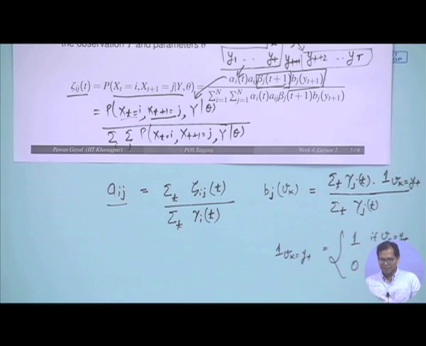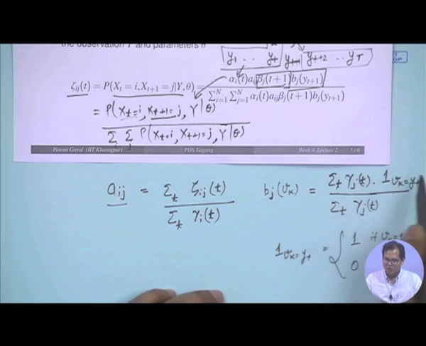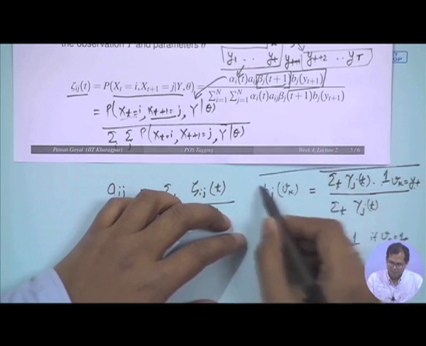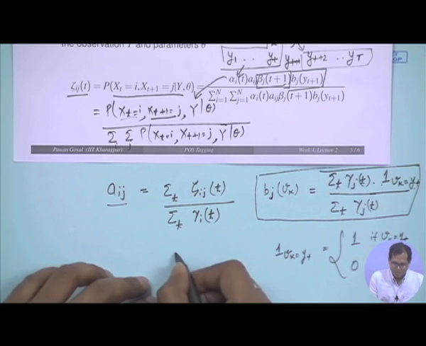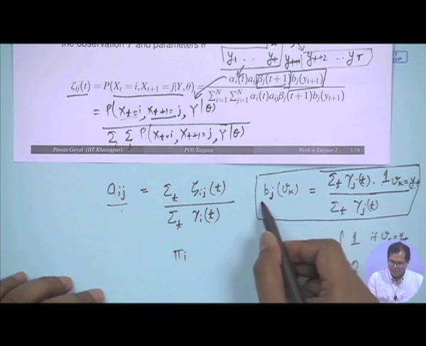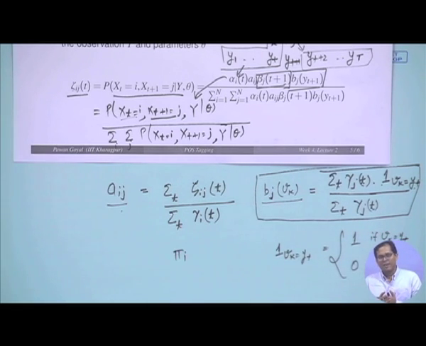This will be my indicator function. So whenever I have observed yt equal to vk, I will add it, otherwise it will be 0, and this will give me the emission probabilities. So I could estimate my pi i, aij as well as bj(vk) using this zeta ij and gamma i, which I computed using my forward backward probabilities.